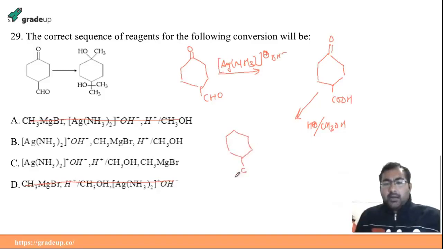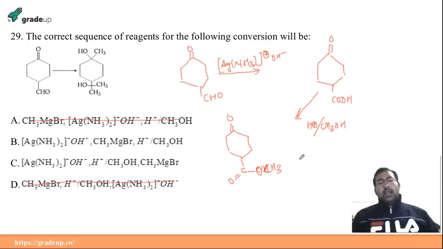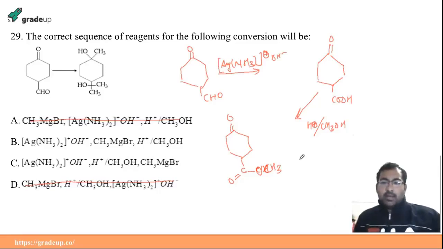Okay, you get a compound in which you have something like OCH3, right? Because the CH3O negative will attack here and it will replace. It will get attached to the carbon at the bottom, right?